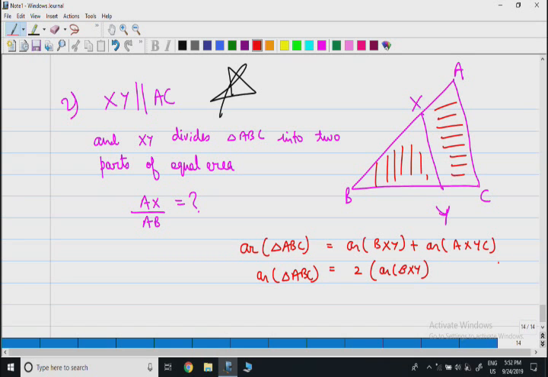And we also know that XY is parallel to AC, so we know that these two triangles are going to be similar. Because if this is parallel, this angle is equal to this angle, corresponding, and angle B is common to both triangles. So we can also say triangle BXY is similar to triangle BAC. After getting these two triangles as similar, we can relate the area with the side.